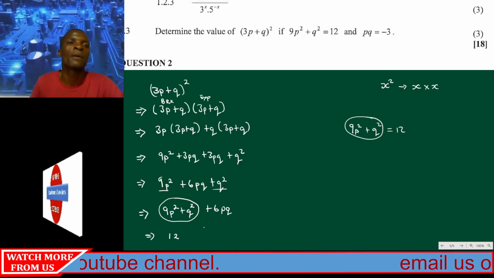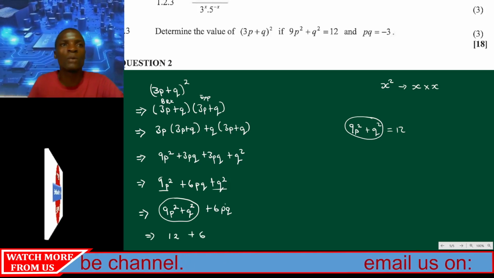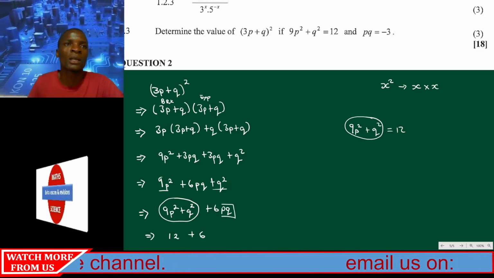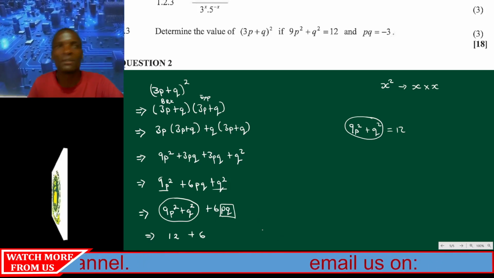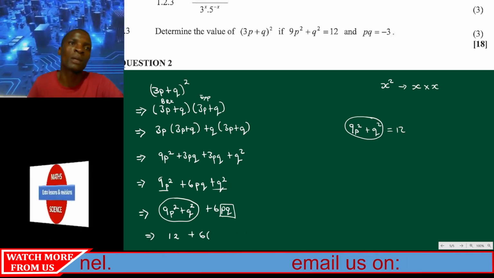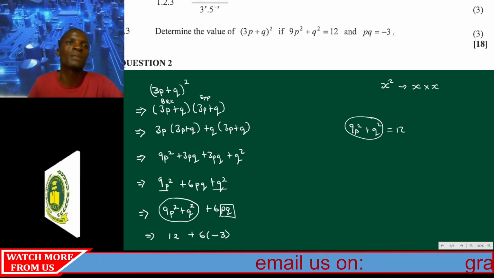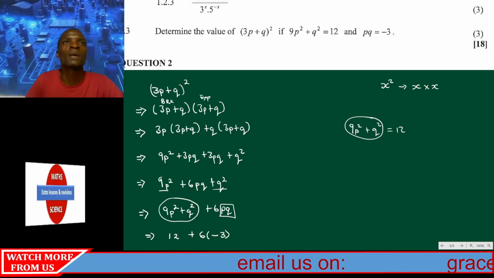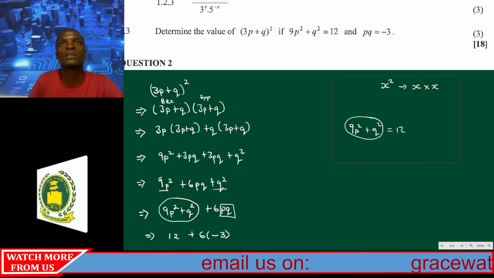And then plus 6pq, we are also told that pq is going to be replaced by negative 3. So you say 6 multiplied by negative 3, and negative 3 is representing pq. Let me now finish this whole thing.